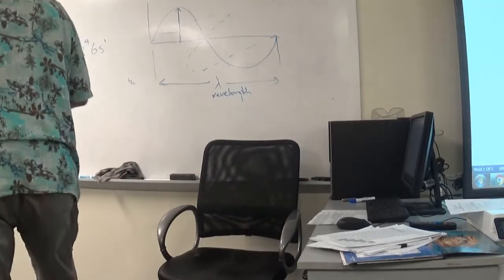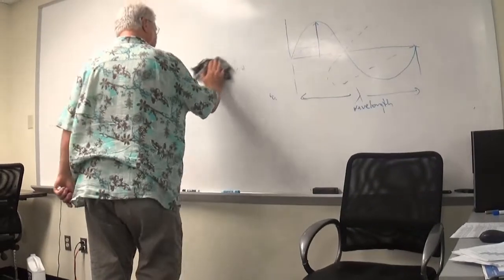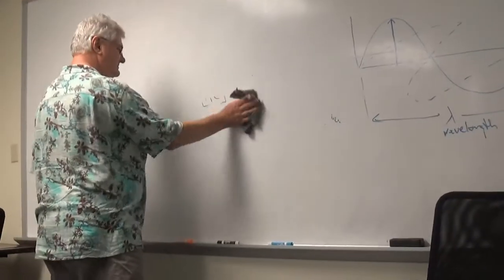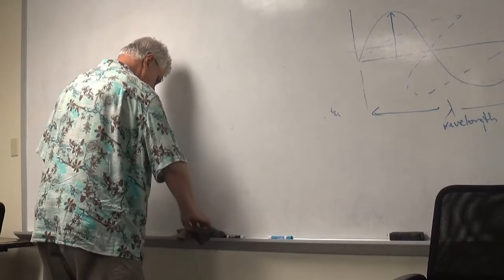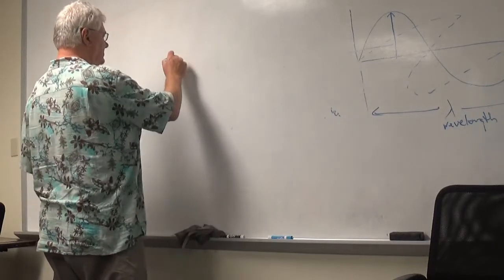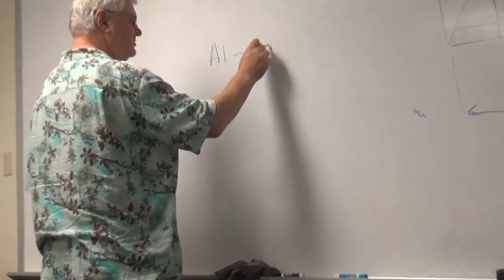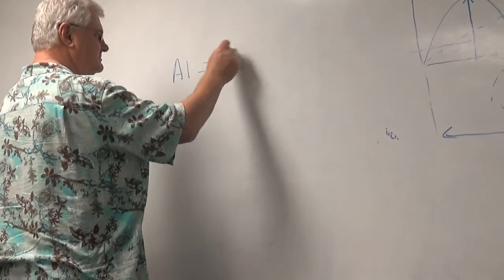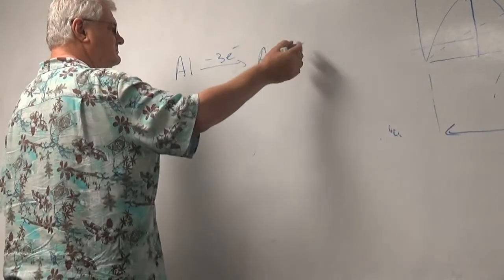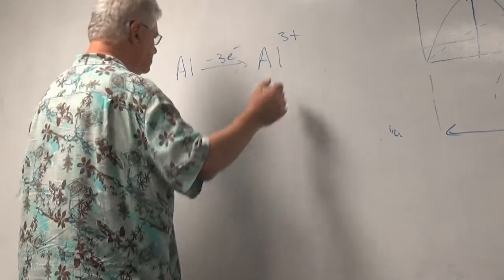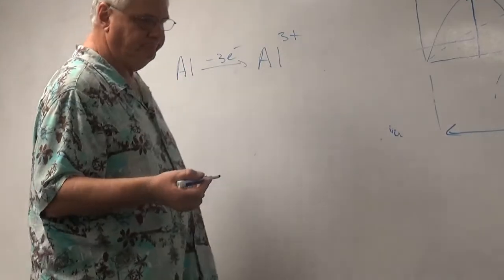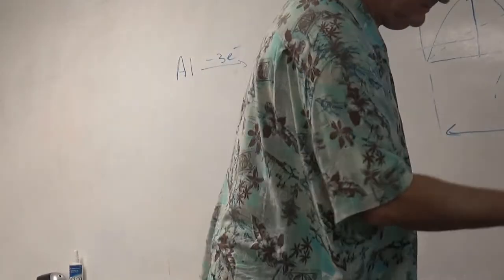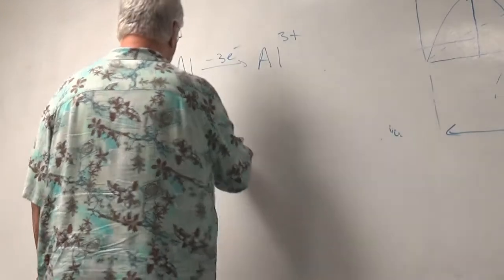And if you look at your periodic table, aluminum, if it loses 3 electrons, it has a 3 plus charge. After aluminum, of course, you've got magnesium and sodium.